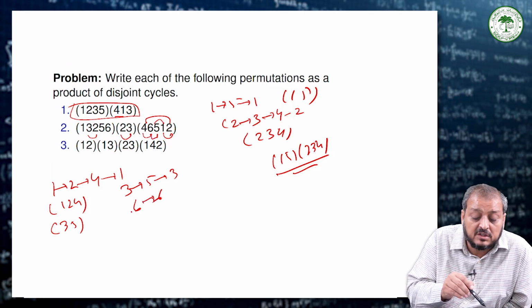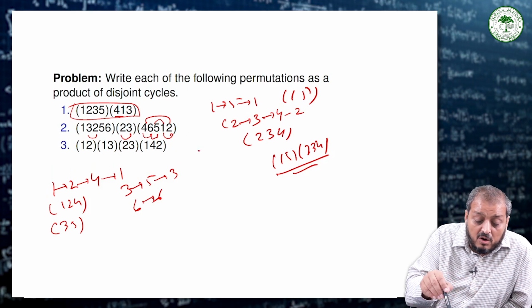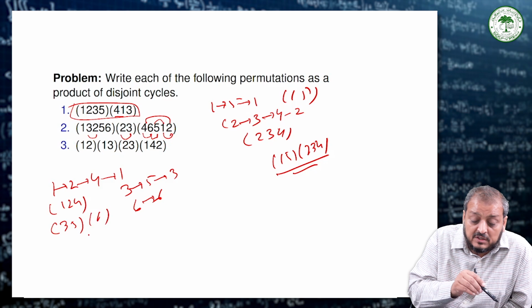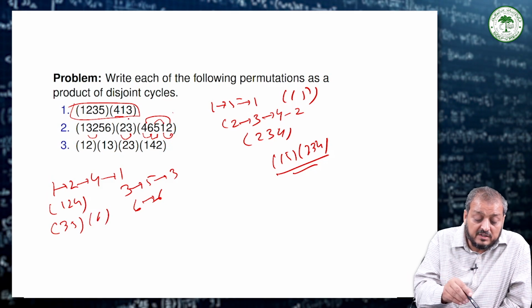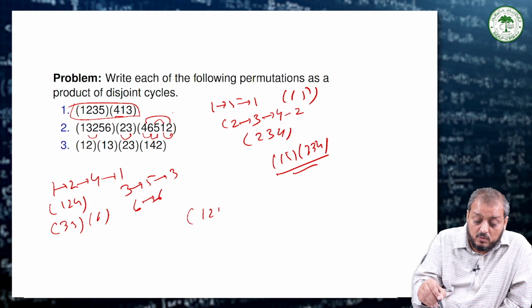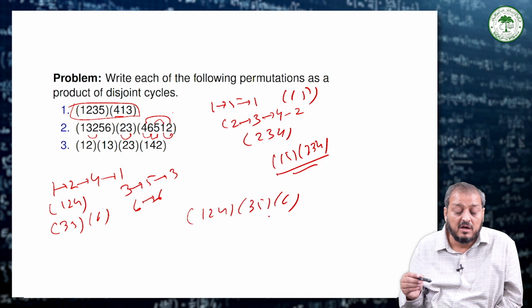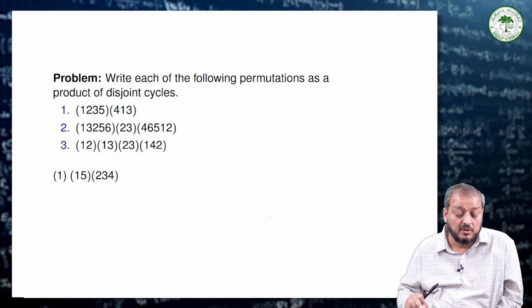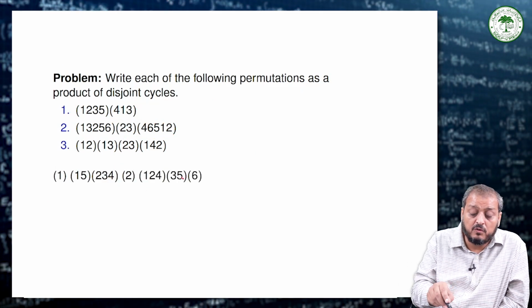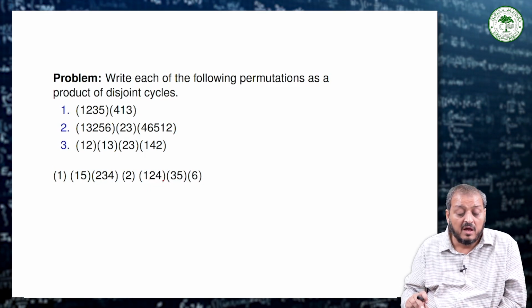So, 6 is equal to 6. So, with this we can say the disjoint cycles are 1 2 4, 3 5 and 6. These are the disjoint cycles of the second one.